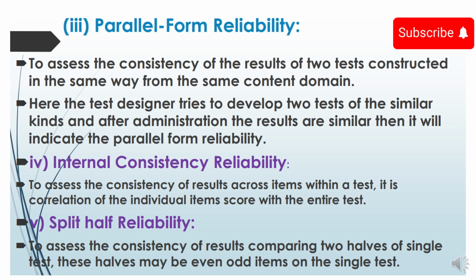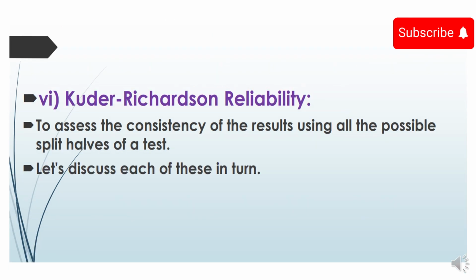These halves may be the even and odd items on the single test. The next is to assess the consistency of the results using all the possible split halves of a test, according to Richardson. Let's discuss each of these in turn.